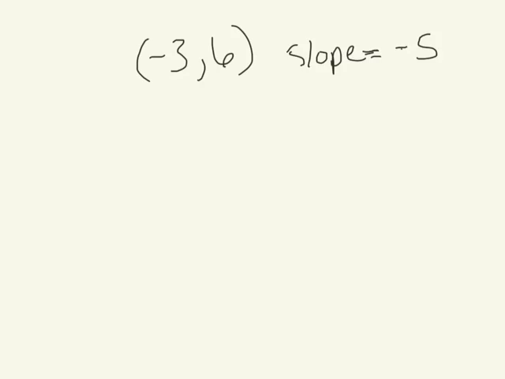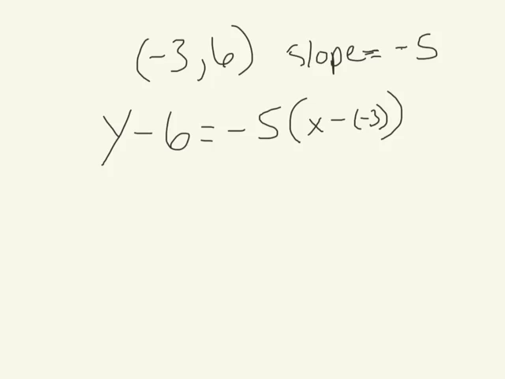Well, what we would do is plug this information into our point slope form to write an equation for that line. So, let's see. If we have y minus the y coordinate we know, which is 6, equals our slope, -5, times x minus -3.